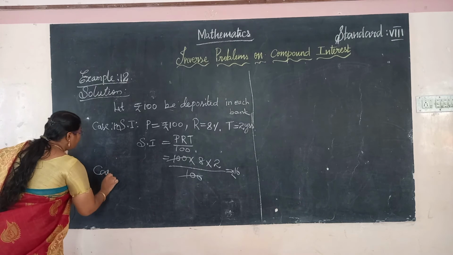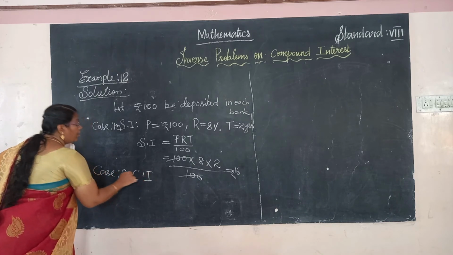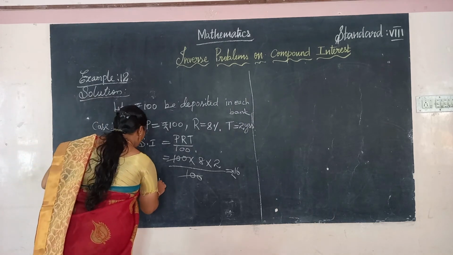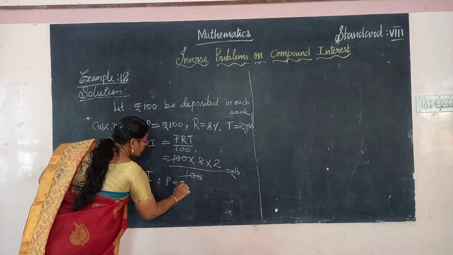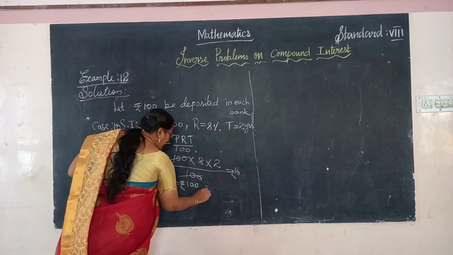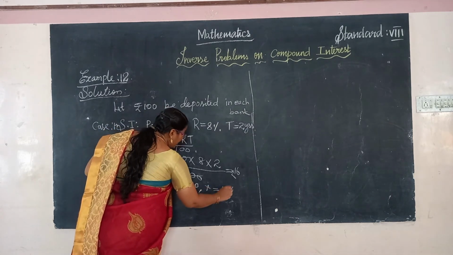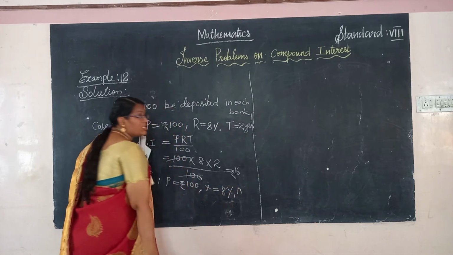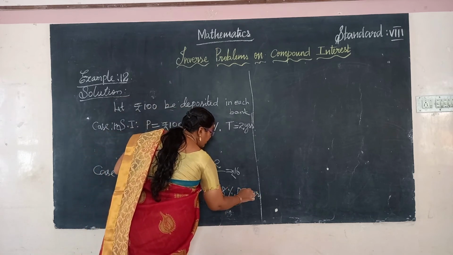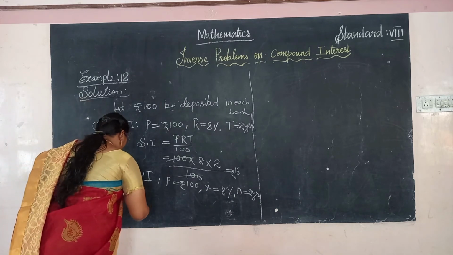Case 2, the second bank we have put in compound interest. So here which data do we know? The principal amount is rupees 100. Write the rate of interest, small r, is equal to 8%, and number of years, small n, is equal to 2 years. Now, what is the formula?